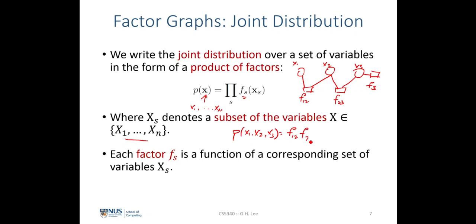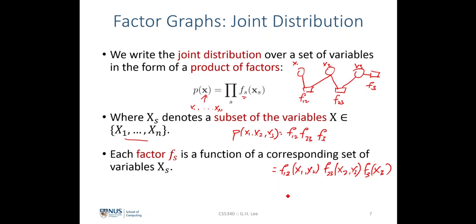So we can see that there's only one way to write this particular factorization, and that is the way encoded in this factor graph. More explicitly, the potential of the factor f12 would be a function of x1 and x2, the function f23 would be a function of x2 and x3, and finally the factor f3 would be simply a function of x3.